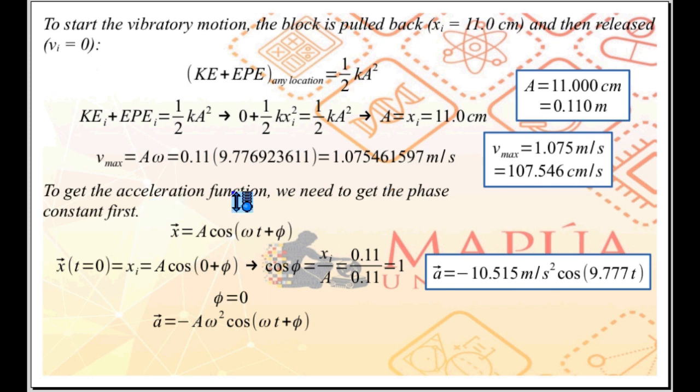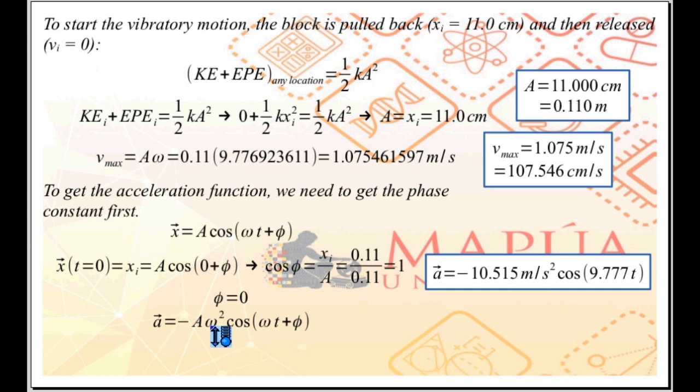To get the acceleration function, we know the general equation: a is equal to negative A omega squared cosine of omega t plus phi. We know omega. We have just determined omega when we looked for the period and the frequency of the vibratory motion.